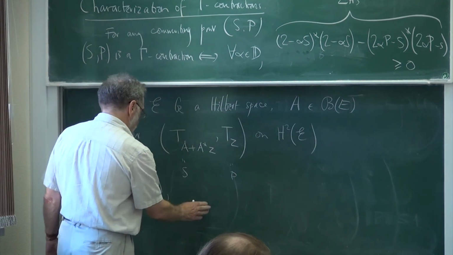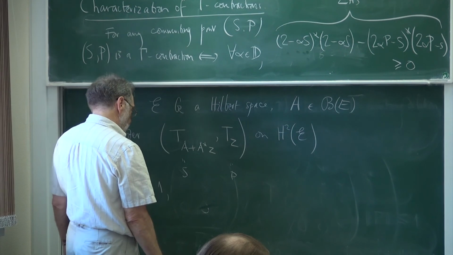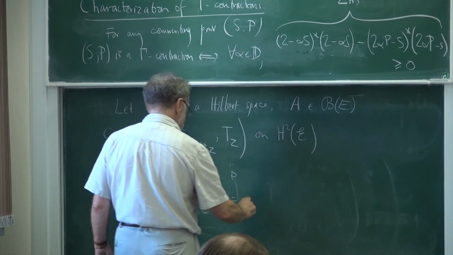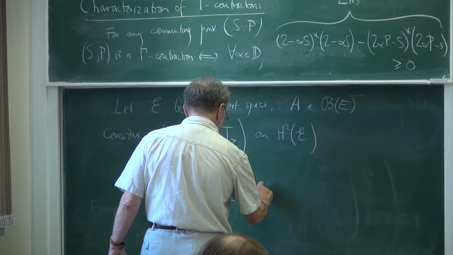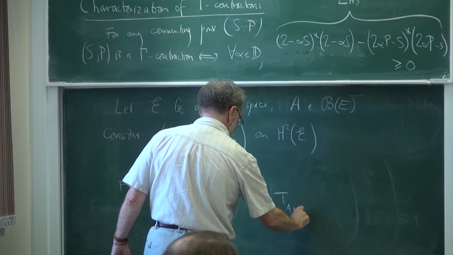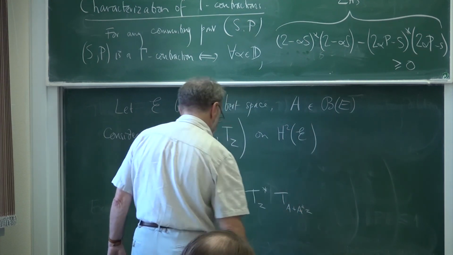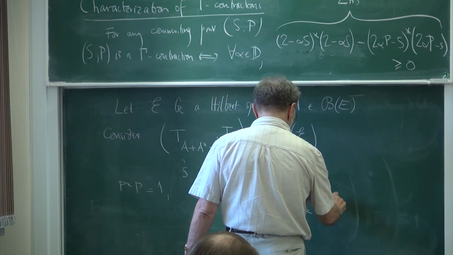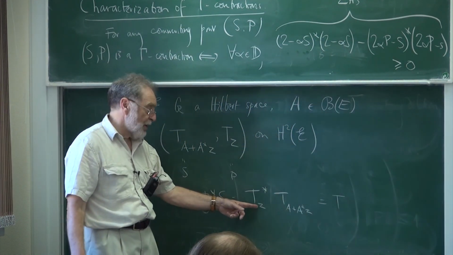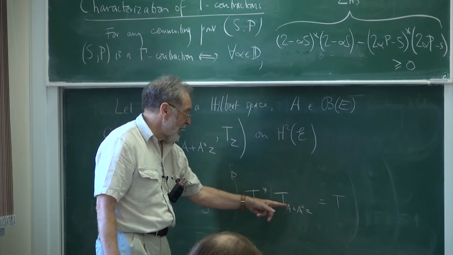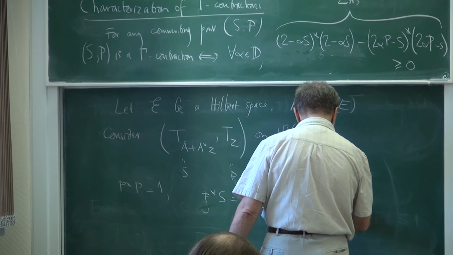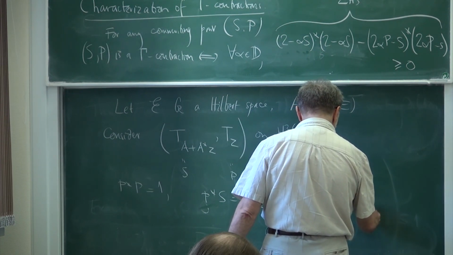And let's look at P star S. So that's T Z star T A plus A star Z. T Z star is just T sub Z bar, and because this is an analytic Toeplitz operator, the Z bar just comes in here, so we get T of A star plus A Z bar.